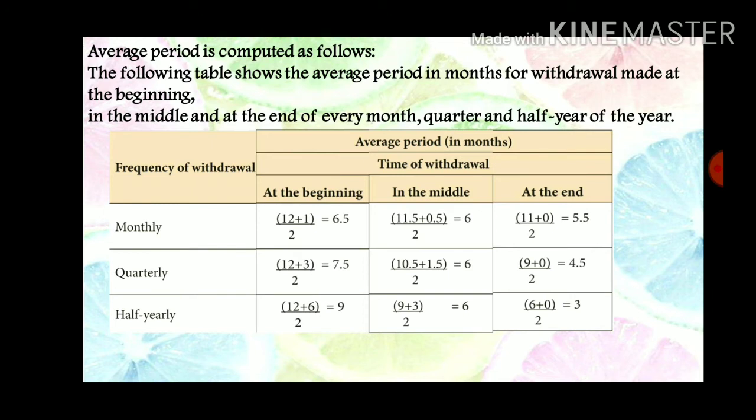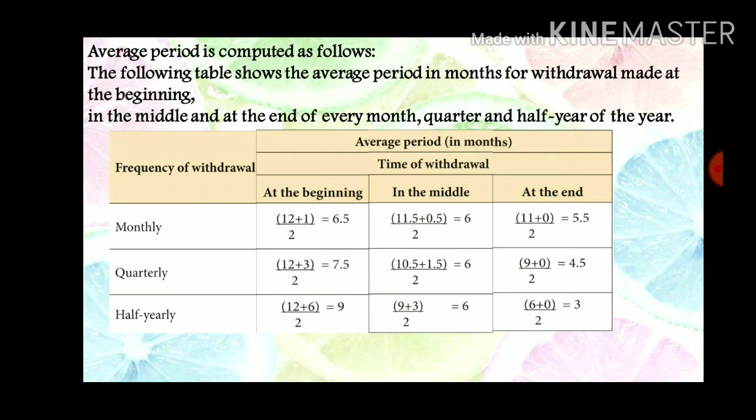In the middle, at the end of every month, quarter and half year of the year, beginning, middle and end of the month. So first, the frequency of withdrawal, the average period month wise, the time of withdrawal. First at the beginning, at the middle and then last. There are three categories.